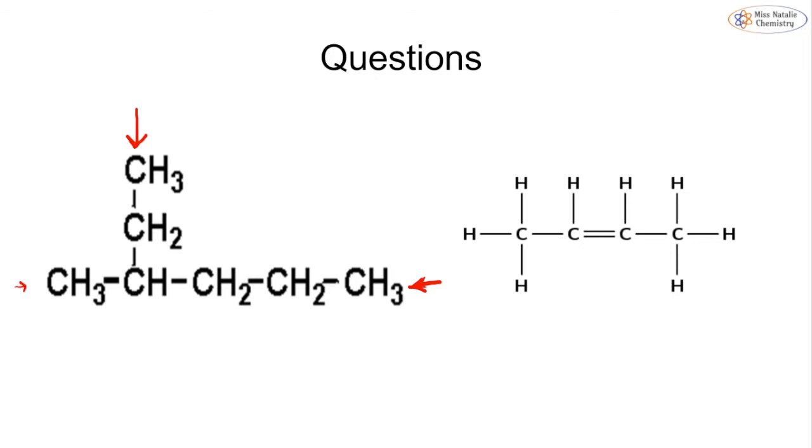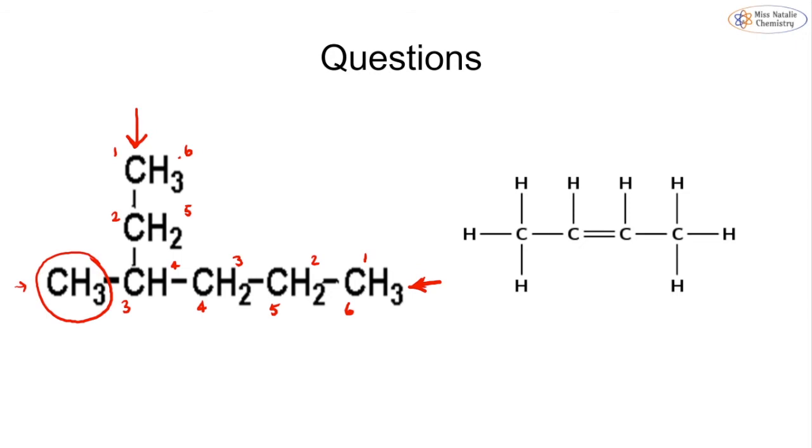So again, we're going to number them. So we're going to have 1, 2, 3, 4, 5, 6, or 6, 5, 4, 3, 2, and 1. And again, we're going to see our carbon chain here is our methyl, and it can be on carbon number 3 or carbon number 4.